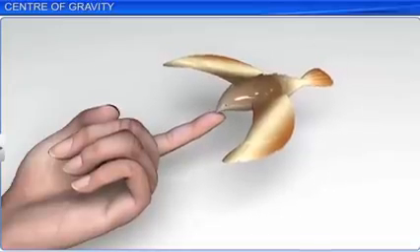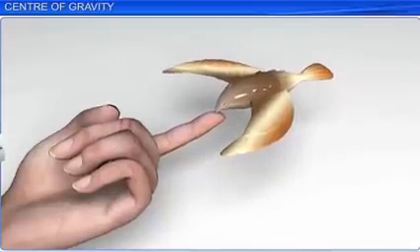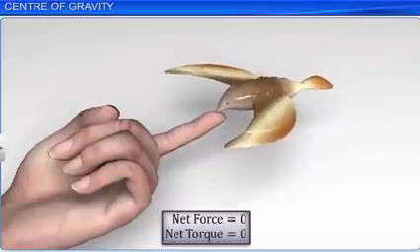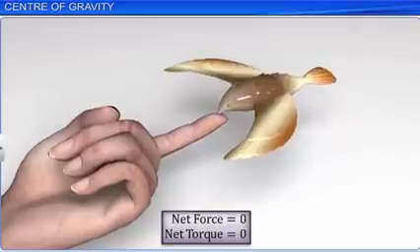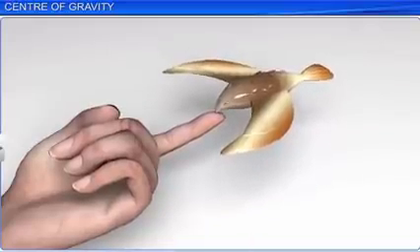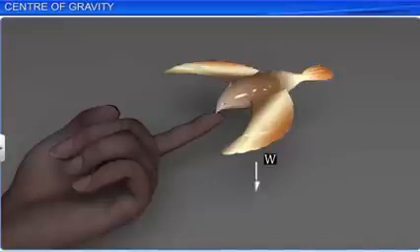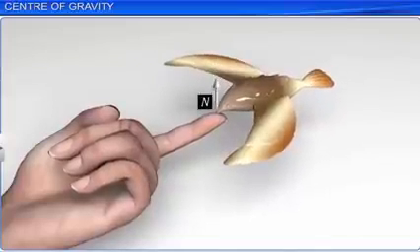The balancing bird shown here is in static equilibrium. That means net force and net torque acting on it must be 0. We know that there are two forces acting on the bird. One is the gravitational attractive force, that is, the weight of the body in the downward direction, and the balancing force N in the upward direction.